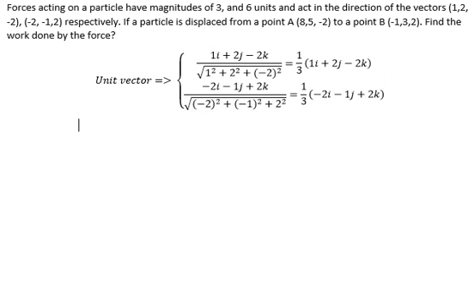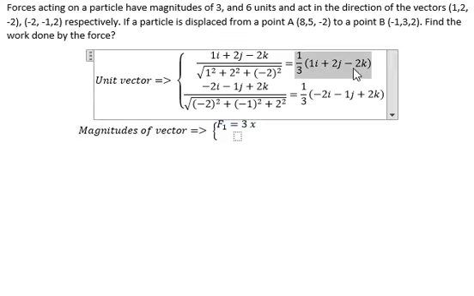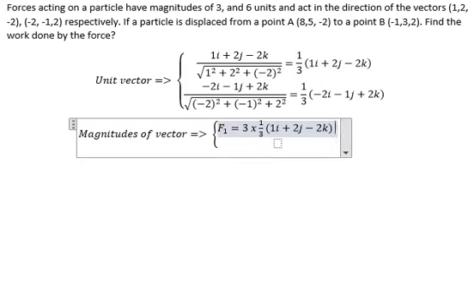The next one is about the magnitude of the vector. We have two vectors here, so we have two forces. So we have number 3, and this is the force number 1.